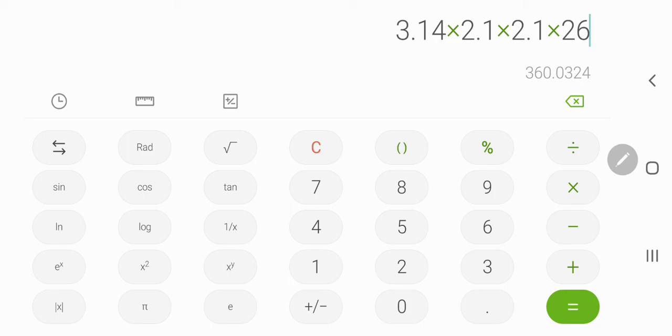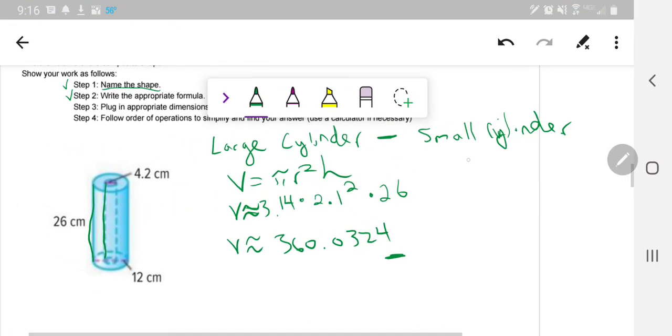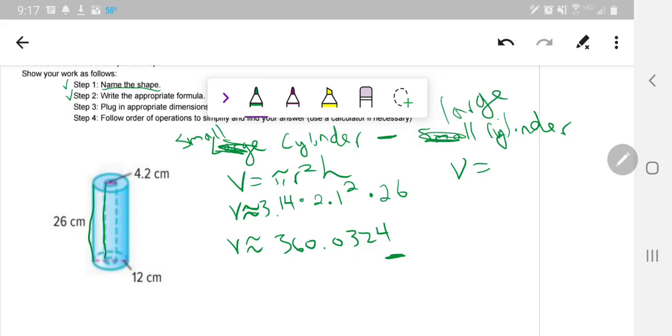Is that right? All right. So then we're going to move on over here to the small cylinder. I just did the small cylinder. Okay, here. Let's do this. Small and large. There we have it. All right, I'm not too far into this.